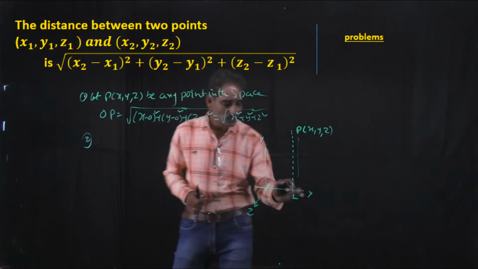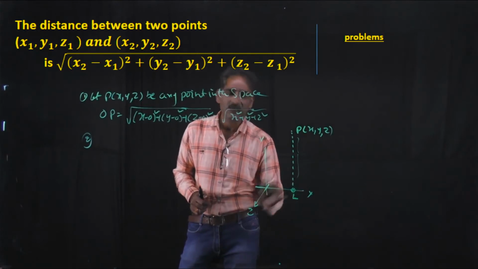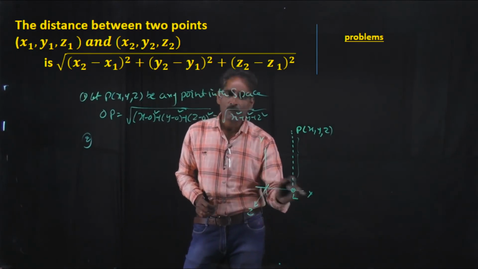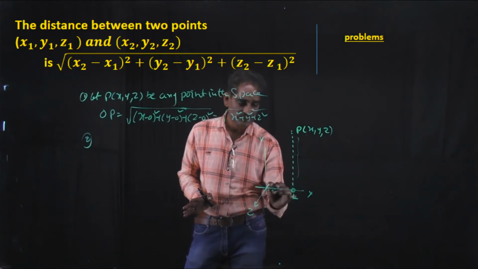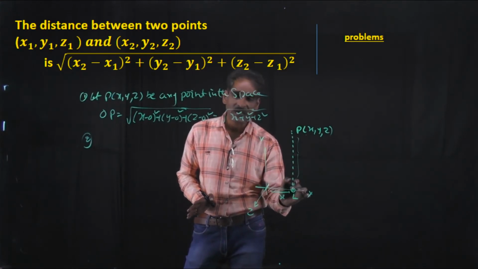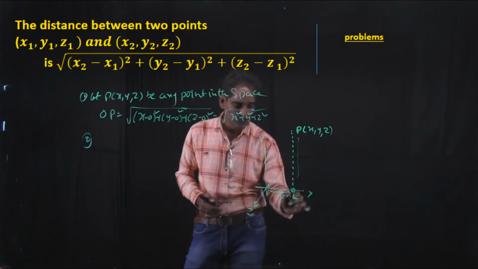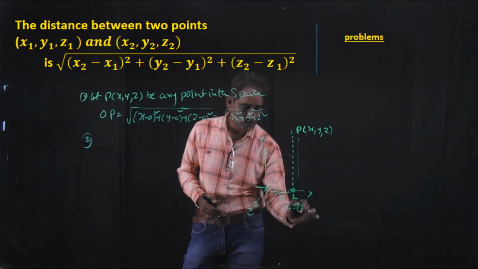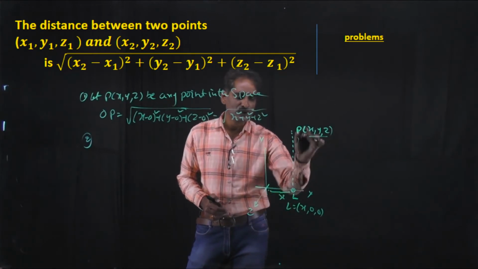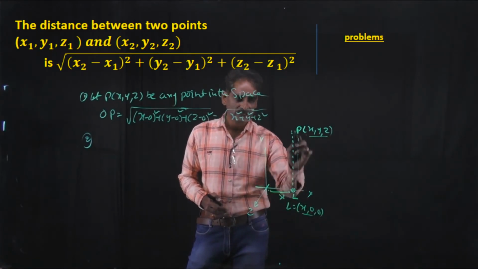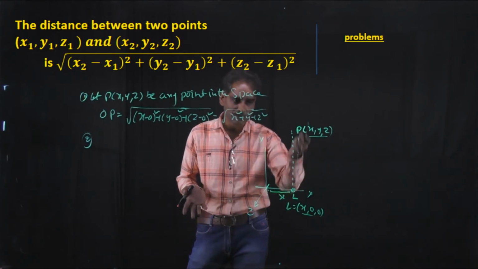So what about the coordinates of the point L? This is a point on the x-axis. The length from the origin is nothing but the x coordinate. On the x-axis, y and z coordinates are 0. So the coordinates of L are x, 0, 0. Here the distance from P to the x-axis is nothing but PL.